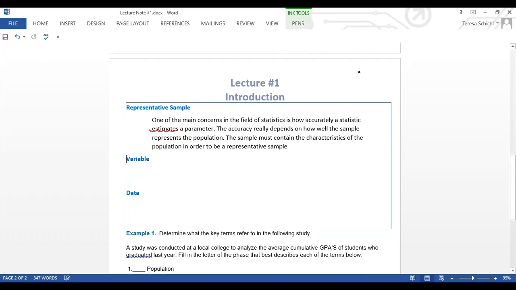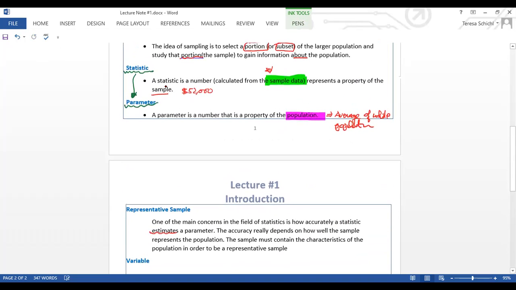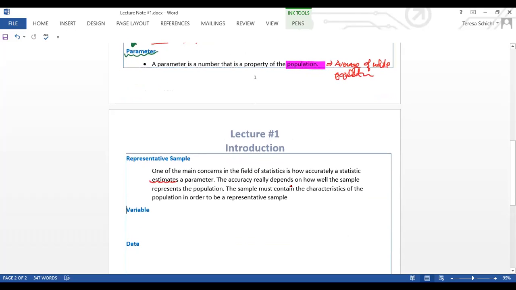Like we said before, we typically use a statistic, and it can give very good information about the parameter if you take a good sample. The accuracy really depends on how well the sample represents the population. That makes sense, right? The sample must contain the characteristics of the population.